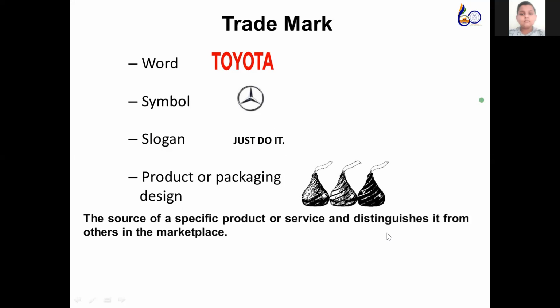The source of specific product or service, जिसको देखते ही अरे इसका ब्रांड नेम ये सब पता होना चाहिए। जैसे टोयोटा में पढ़ के भी बोल सकते हैं, but ऐसे symbols जो है ना, these are the symbols, जैसे Windows symbol है, ठीक है, Windows करके लिखने की जरूरत नहीं, वैसे लिखा रहता है। So there are certain things like कंप्यूटर आप ऑन करते ही एक साउंड आता है, the sound itself is also एक characteristic sound है इसका, is it not? So Windows का जो साउंड है, so all these are patentable things.